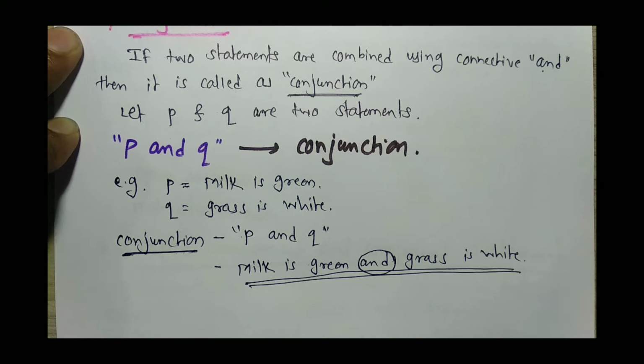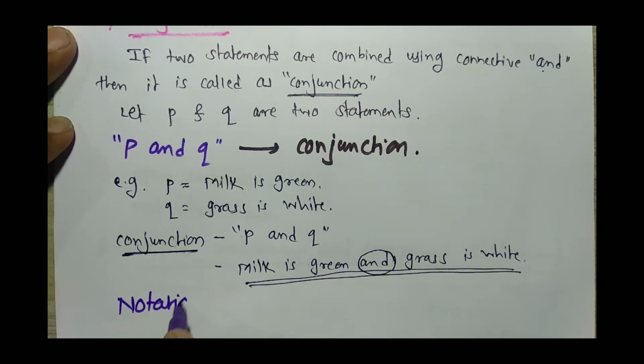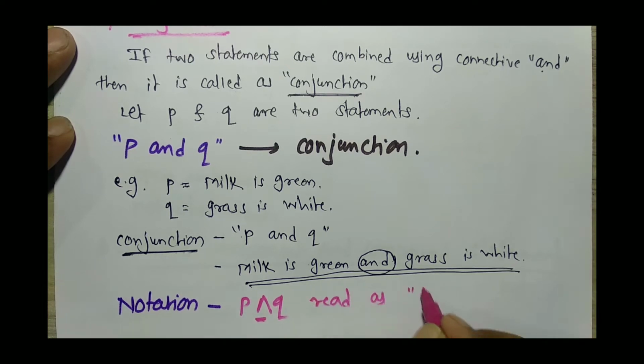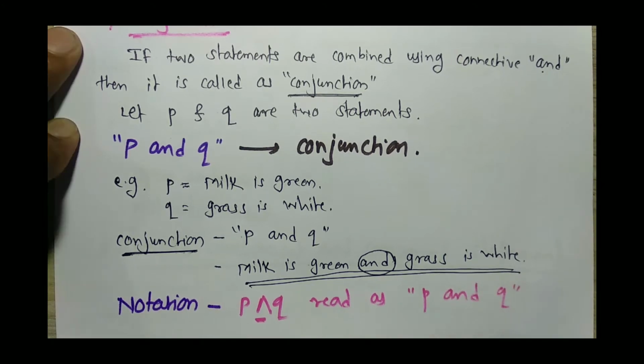The notation for the conjunction is P and Q, and it is read as "P and Q".